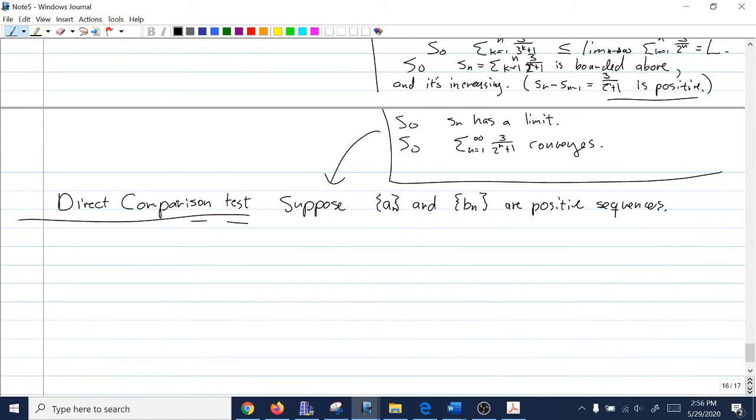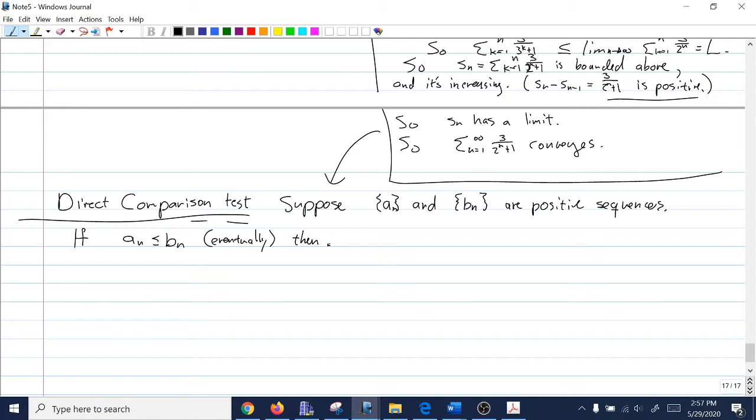Suppose you have two positive sequences. If AN is less than BN, or if it's just less than it eventually, let's write this out assuming that AN is the sequence I want to know about, and BN is the sequence I do know about. A is the thing they gave me, which is why I'm putting it first alphabetically. B is the thing that I'm bringing to the table that I can say I know.